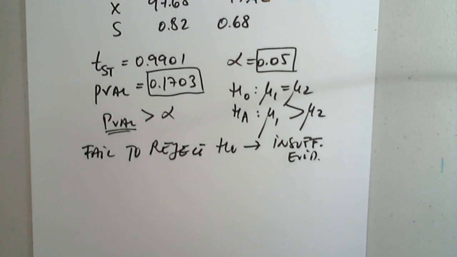Which one? Is it D? Yes, of course. C, right? Fail to reject. I'm sorry. Fail to reject. There is not sufficient evidence to support the claim. Of course. Yes. Good.